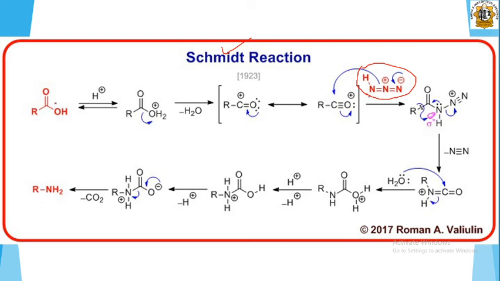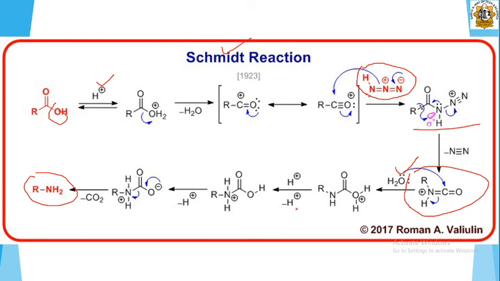So firstly we use acid as a catalyst to make this OH group a good leaving group, and then we react with hydrazoic acid to get our acyl azide. Acyl azide then gets converted to isocyanate. Isocyanate when reacted with water gives your amine.